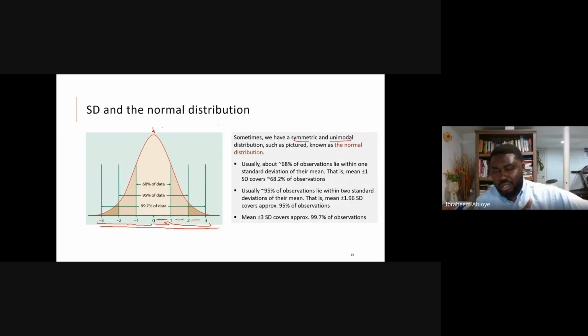I don't want to do the detailed calculation. And 32.1 plus 3.3, let's say that is 35. It means that 68% of the data lies between 29 and 35. And the mean is here, 32.